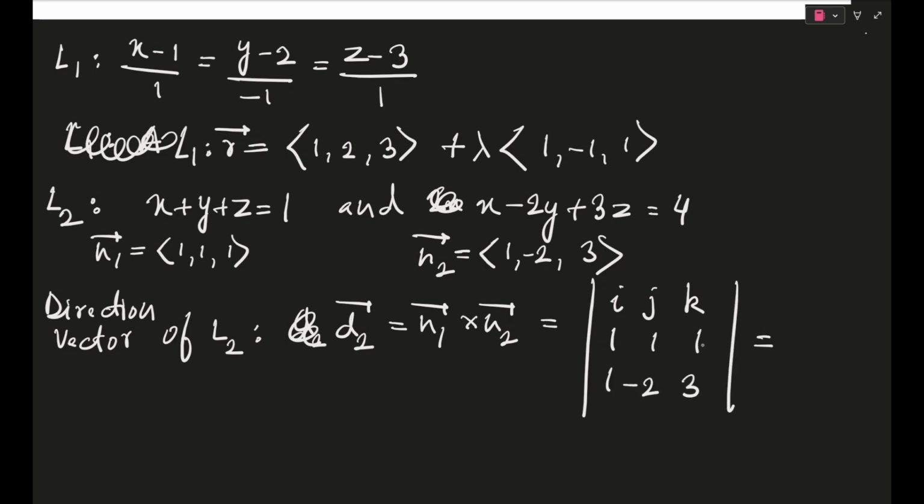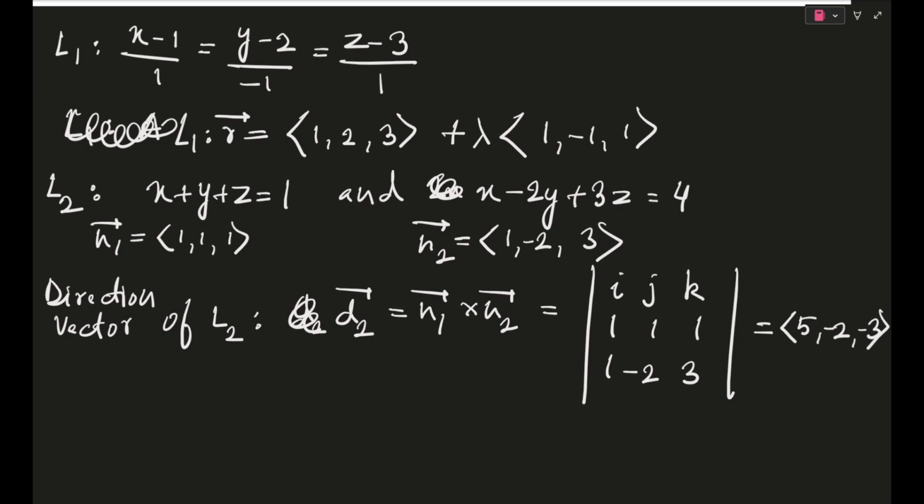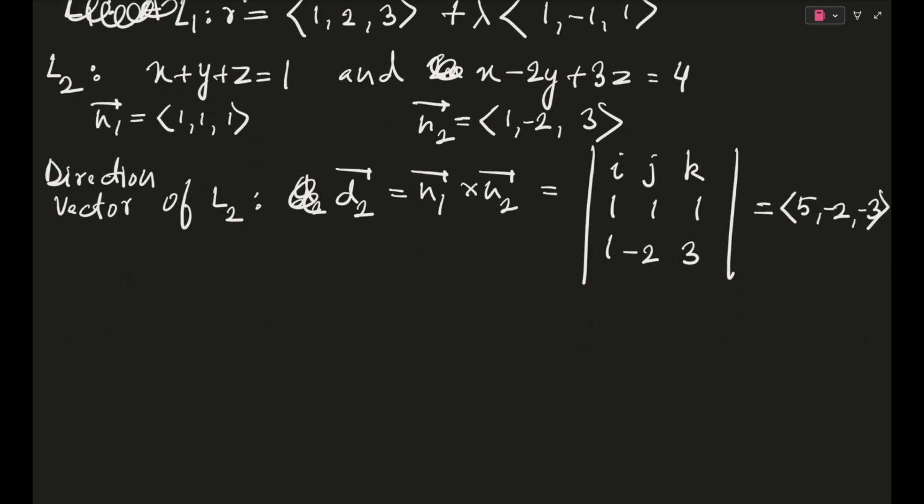If you calculate this, I'm not going into the calculation, it comes out to be (5, minus 2, minus 3). That's the direction vector of L2 formed from the cross product of the two normals. Let's keep it at this and proceed. Right now we don't need to find the complete equation for L2. Only finding the direction vector will be suitable. I will explain why.